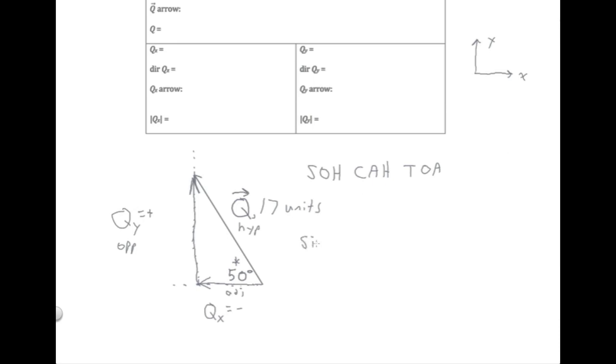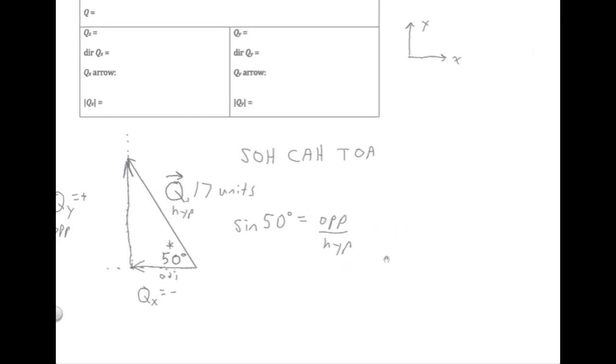So we can say that the sine of 50 degrees is the opposite side over the hypotenuse, and the cosine of 50 degrees is the adjacent side over the hypotenuse.